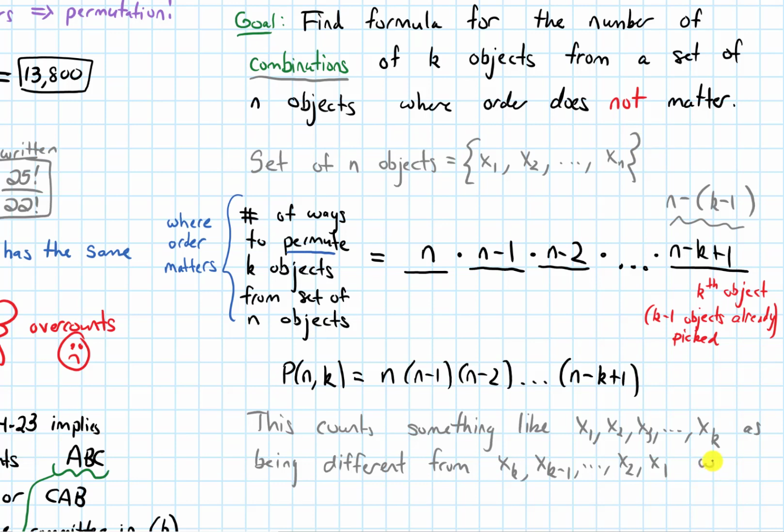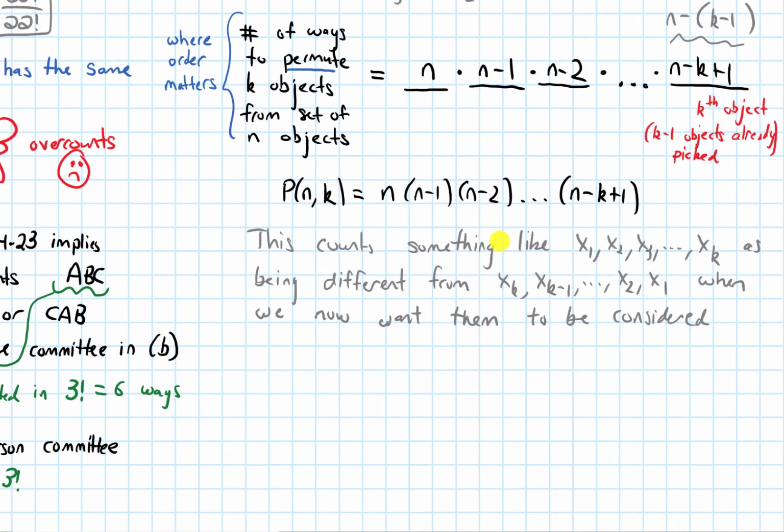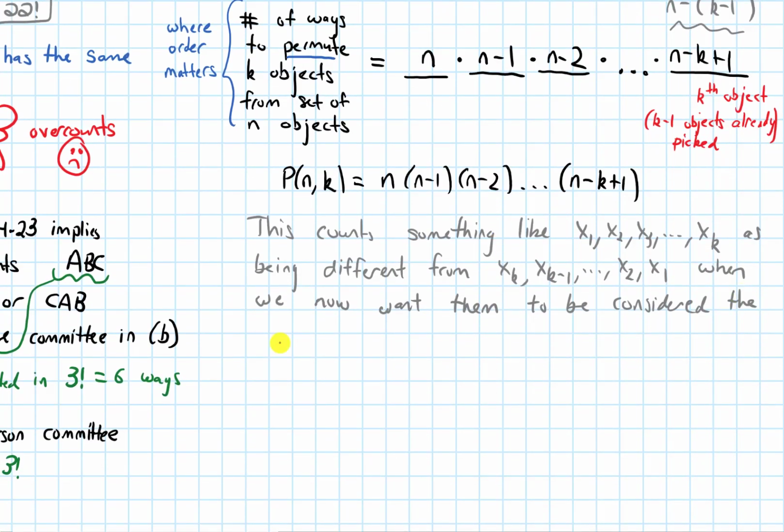So we now want these two selections, x1, x2 up until xk, and then the other selection, xk minus 1 up until x1, we want things like this to be considered the same because the order is not supposed to matter in a combination. So for our purposes, this is the same collection of k objects.